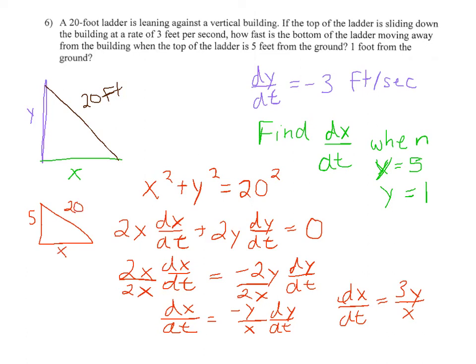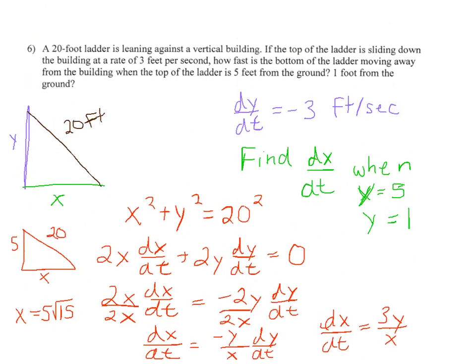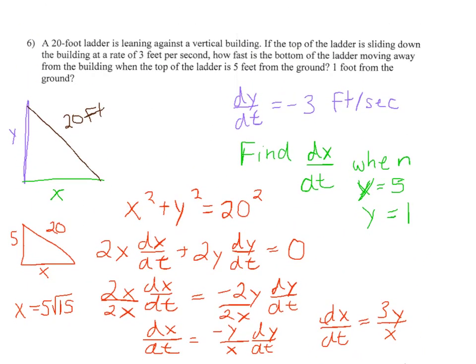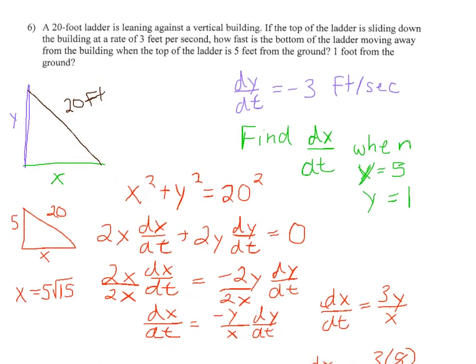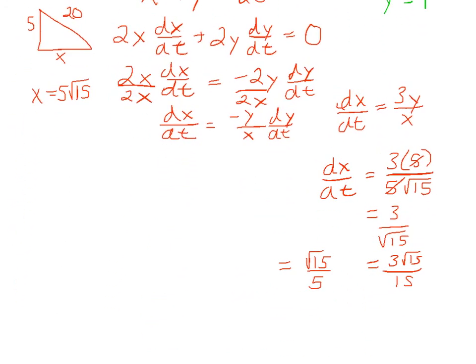So if we do the Pythagorean theorem, x equals 5 root 15. So that's what I'm going to plug in for x. I always forget units. Feet per second.